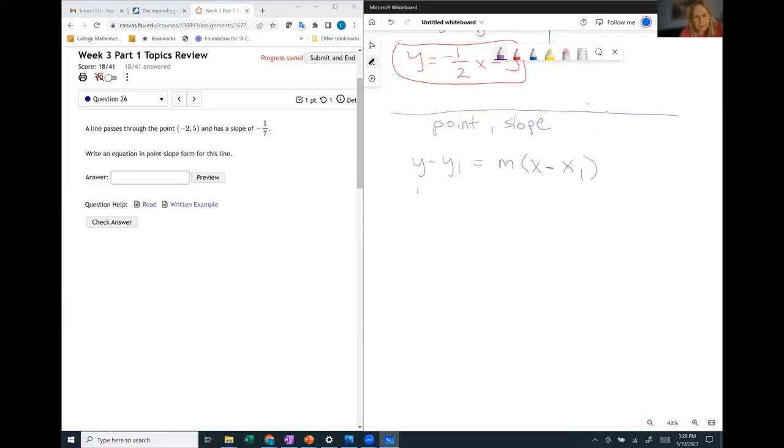Well, y1 is the only y I know, which is 5. So we have y minus 5 equals m. Well, I know my slope is negative 1/7 times x minus, well, my x is negative 2. So I get y minus 5 equals negative 1/7 times x plus 2. And that is my equation in point slope.